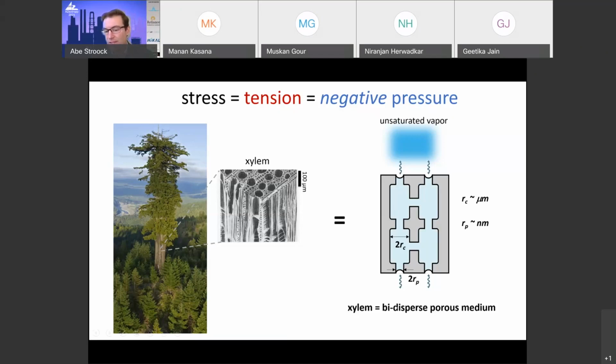And ideally, it's what we'd call a bidispersed porous medium. It's got this vessel structure on the macroscopic scale, tens of microns, a capillary scale on the micron scale. But throughout, it also has a nanoscopic pore scale that separates it from the outside world in the roots and separates it from the outside world in the leaves.